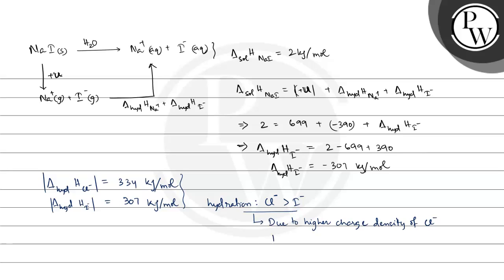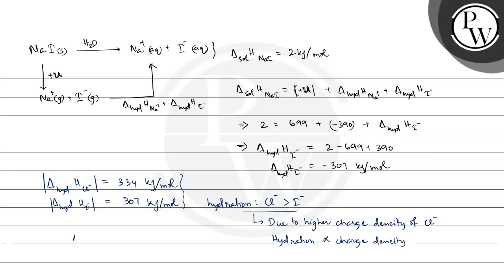So hydration and enthalpy of hydration both are proportional to charge density. That is why the magnitude of enthalpy of hydration of Cl minus is more than the magnitude of enthalpy of hydration of I minus.